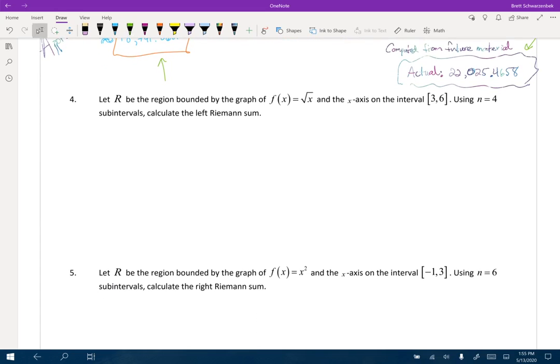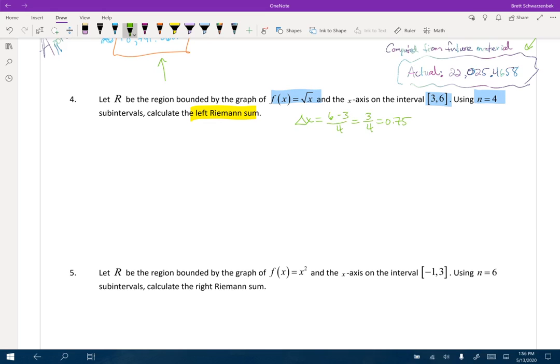Okay, so next we're doing a left Riemann sum, and this is for root x on the interval 3 to 6 with 4 rectangles, another word for subintervals. So again, change of x is going to be 6 minus 3 over 4, and we're starting to get some not so nice values, so 0.75.